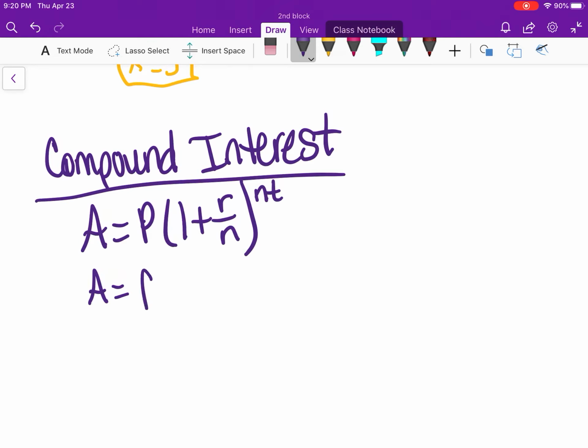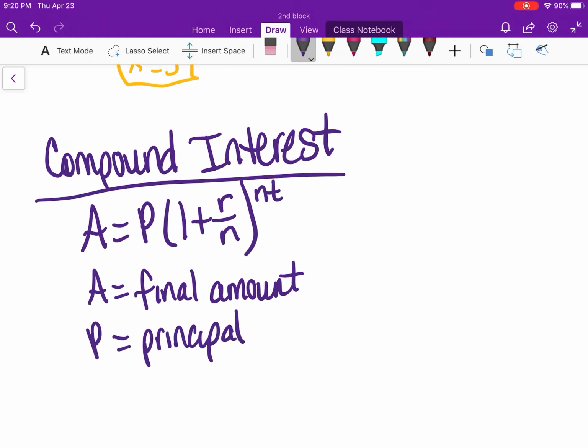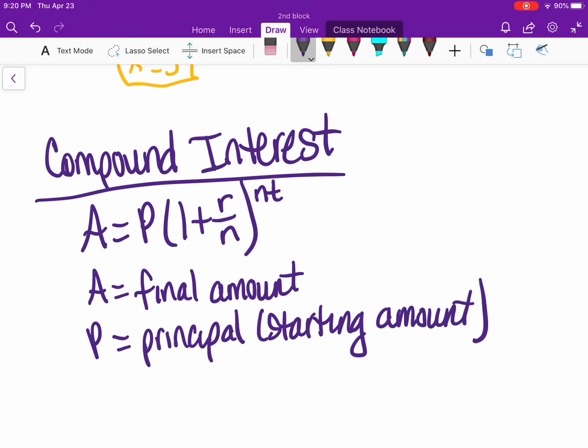for compound interest. A is the final amount. P is the principal, or the starting amount. R is the rate, but you're going to write your rate in decimal form.